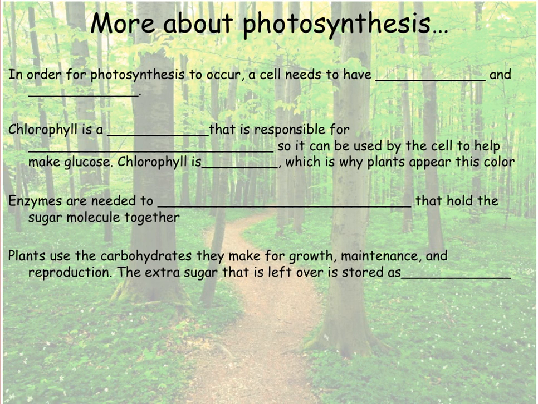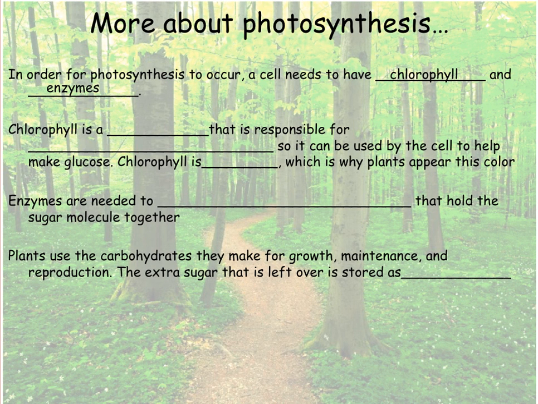Okay, just a couple more things about photosynthesis before we move on. In order for a cell to be able to do photosynthesis, it must have two things: chlorophyll and enzymes. If a cell does not have these two things, it will not be able to perform photosynthesis.